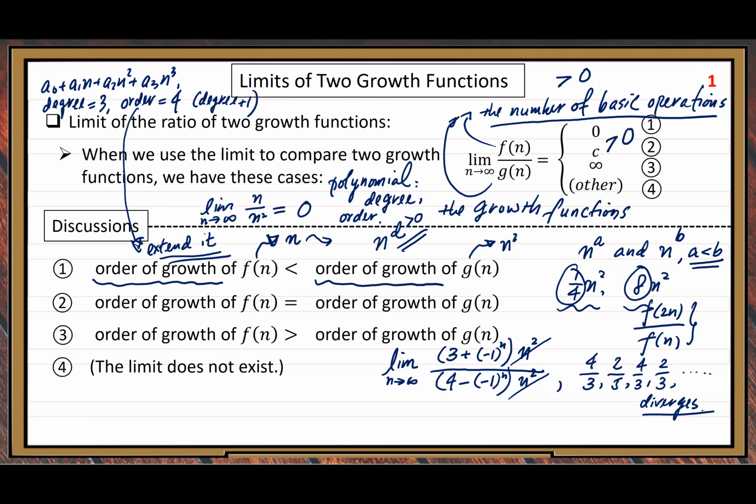But if we change to a different way, then probably we can get a comparison result. It just tells us the limit way does not work. It does not tell us there is no way to do the comparison, because we have other non-limit ways to do it. We will see that later.